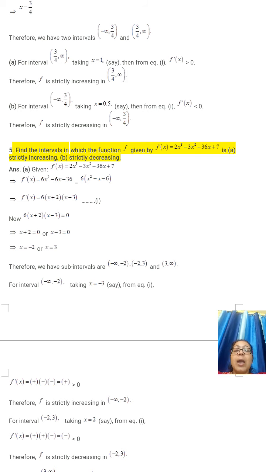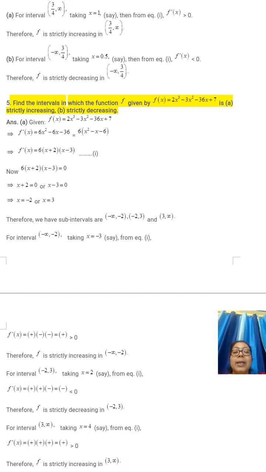Now for the first interval, minus infinity to -2, how to do it? For f'(x), we consider the value x = -3.